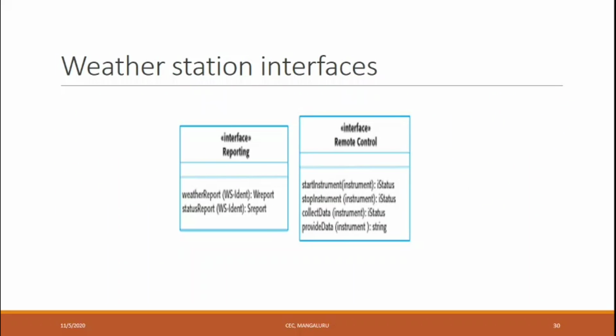You can see an example of the interfaces. Instead of a class name you give the interface name, that is, report and remote control. The second row is empty, and this is where we declare the interface functions for the application.